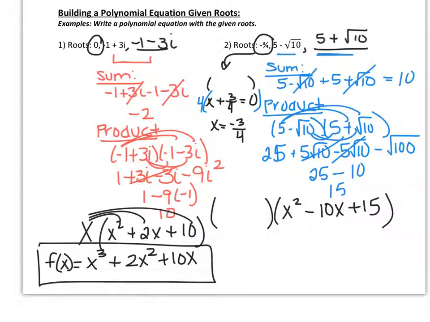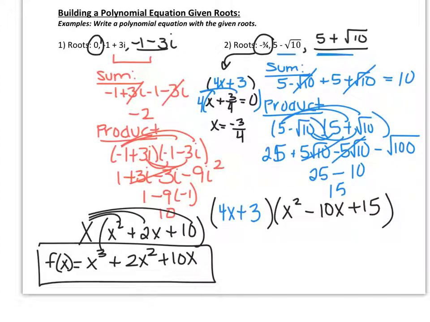The reason why I chose 4 was because it was the denominator of this fraction. Because I know if I multiply 4 times x, I'll get 4x, and 4 times 3/4 will give me 3. So 4x plus 3 goes here. So all you have to do is double distribute what's in here, and you'll get your polynomial equation.